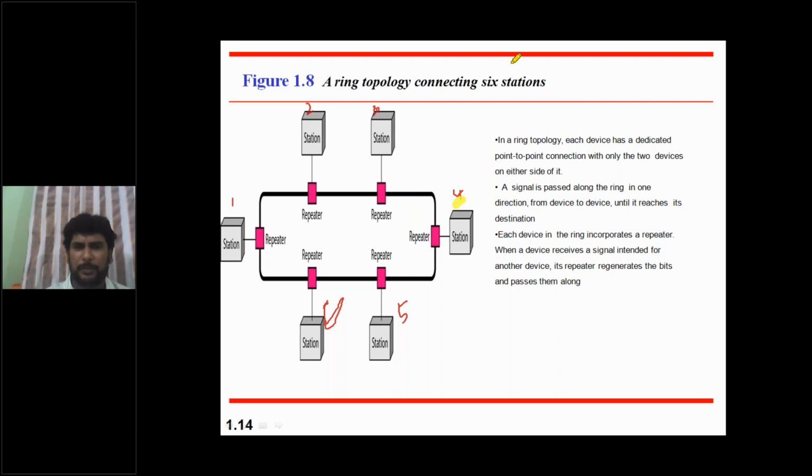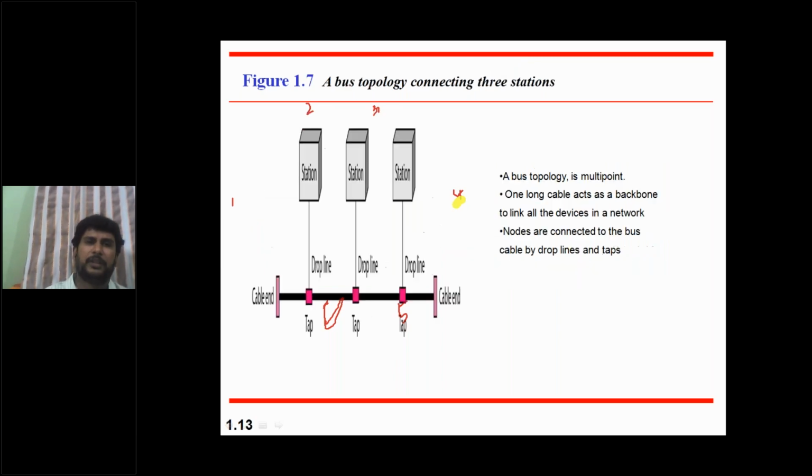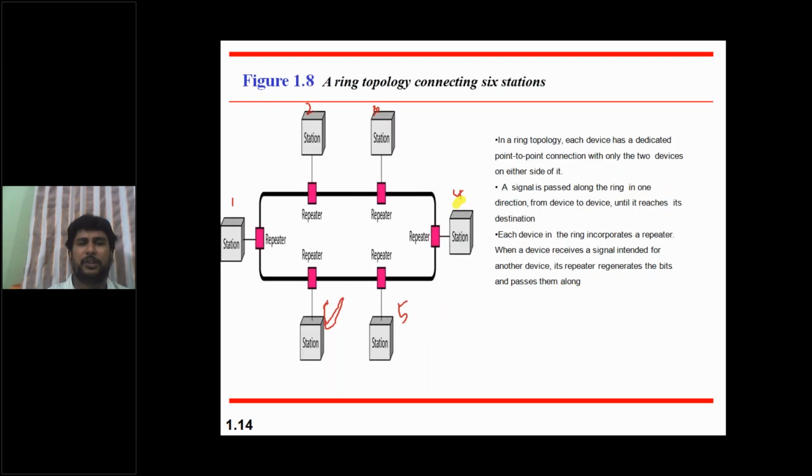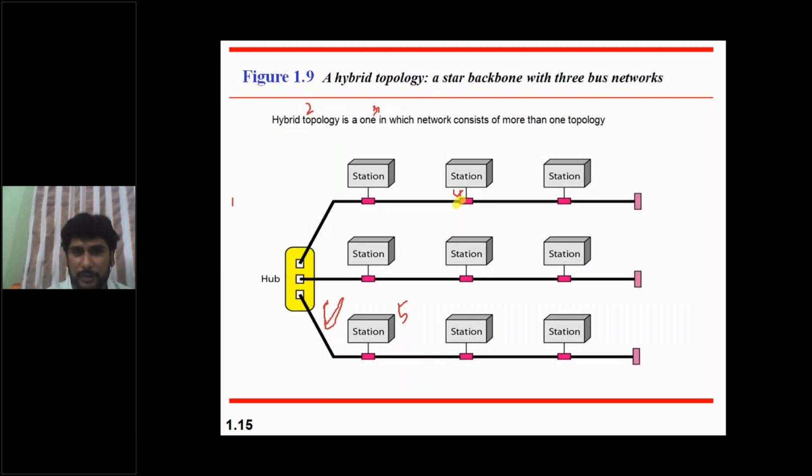We started with mesh, then we discussed star, then we talked about bus, and finally ring. Most of the time, as the network grows, we can't implement just one topology. It is our necessity to adopt more than one topology in our network. We may have a bus, a star, a ring, a mesh.